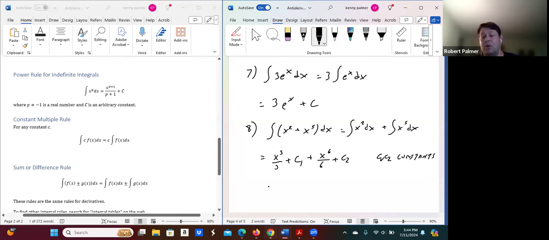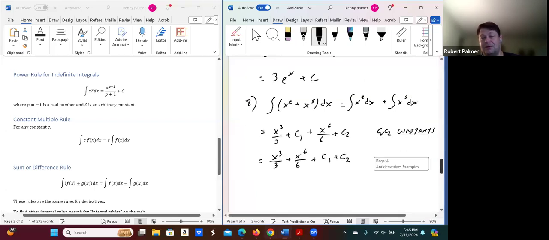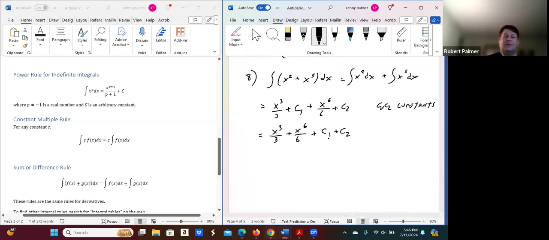Now, why did I do that? Well, what I can do then, I can write it like this. X cubed over 3 plus x to the 6 over 6 plus C1 plus C2. So all I'm doing is changing the order. I can do that. And now I'm going to call C1 plus C2 equal to C. Once again, C is just another constant.